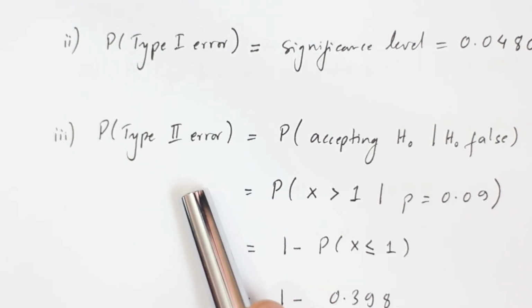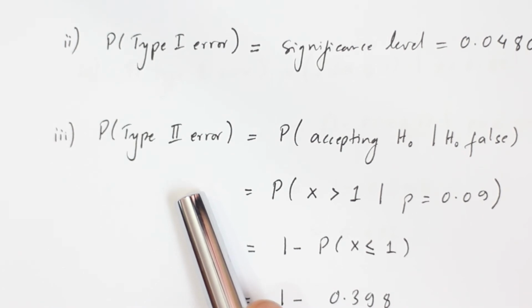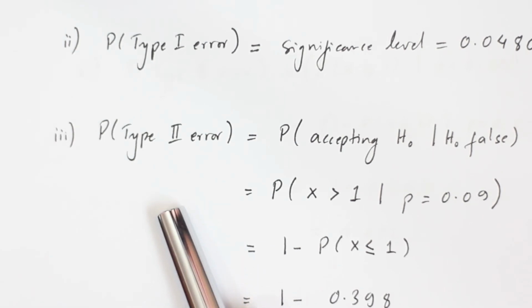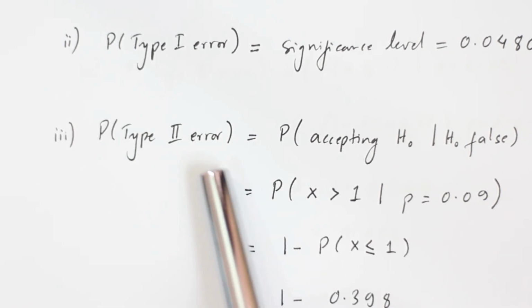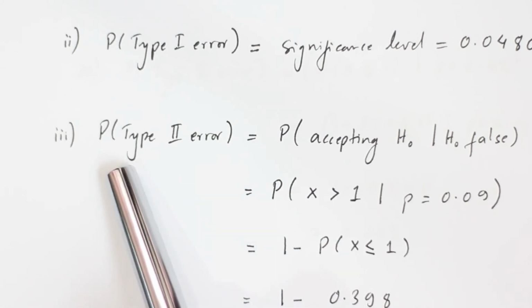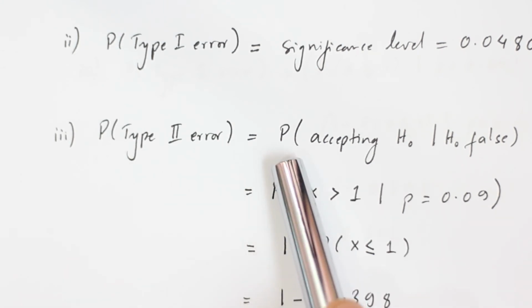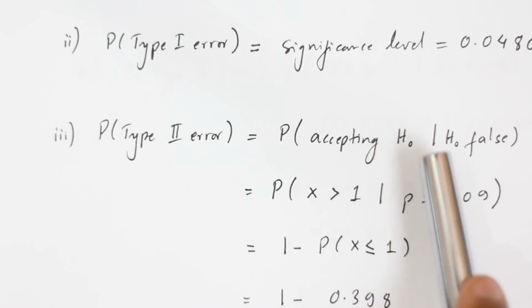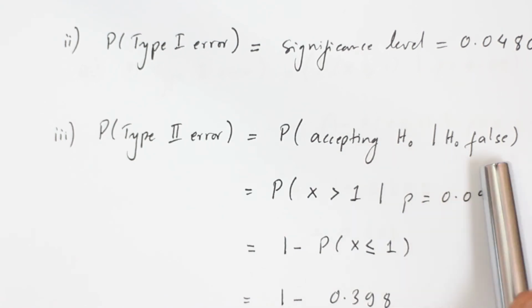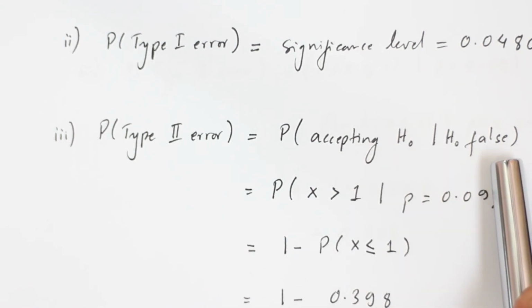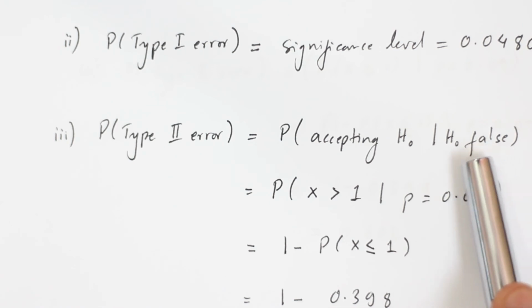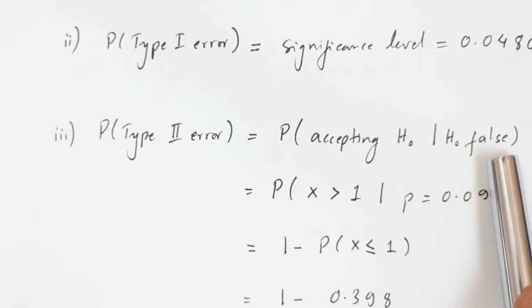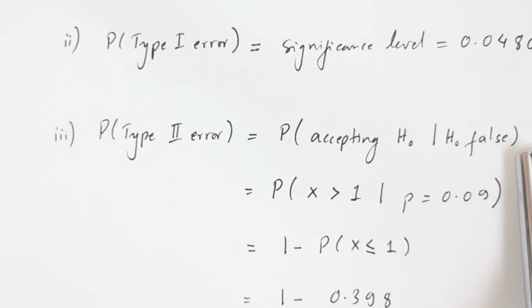Now the third question says, find the probability of type 2 error. In the type 2 error, we are assuming that the probability has changed. We know that the probability of type 2 error is basically saying that we are accepting the null hypothesis given that the null hypothesis is false. Now false with respect to the initial null hypothesis means that it has changed.